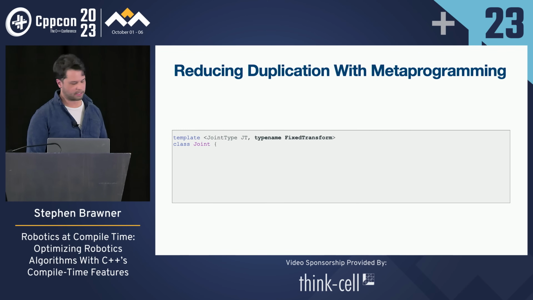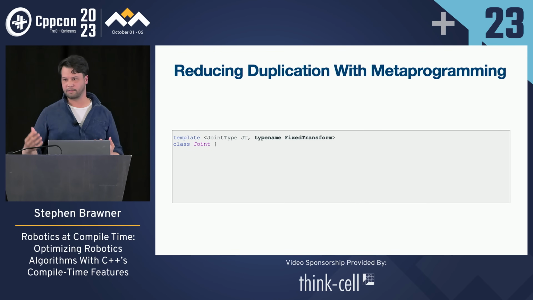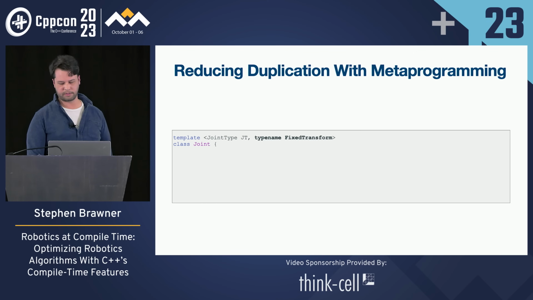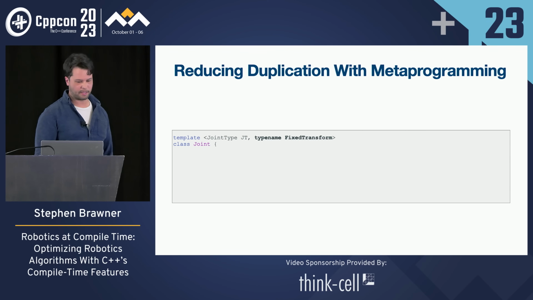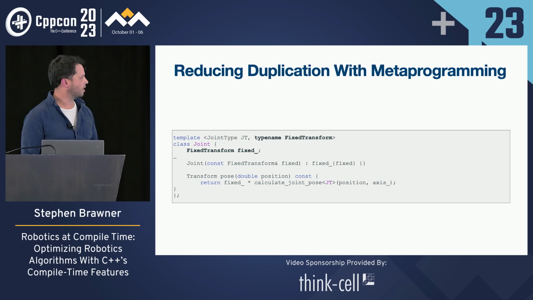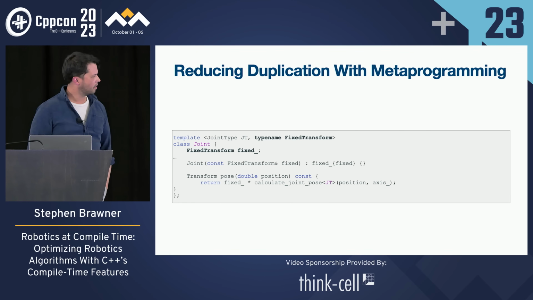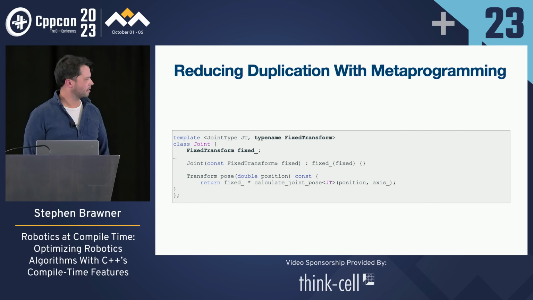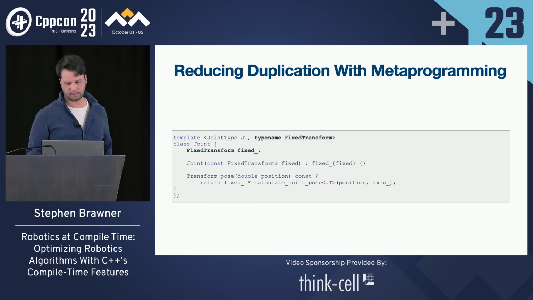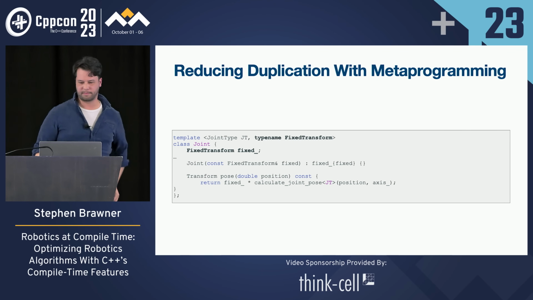Then we can go one step further and take in that fixed transform as a template type parameter, because we might not always want to use a general isometry 3D for that. You would also take that in at compile time, and then you have your calculation down there, and it can do the right thing and try to optimize some of that.